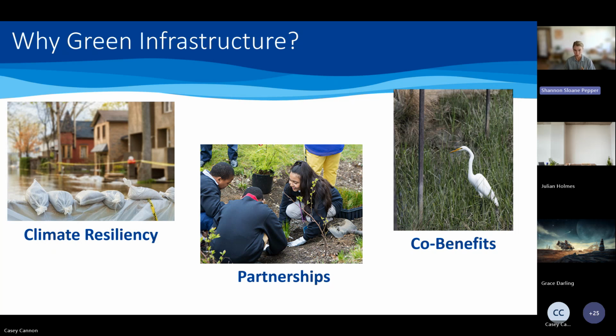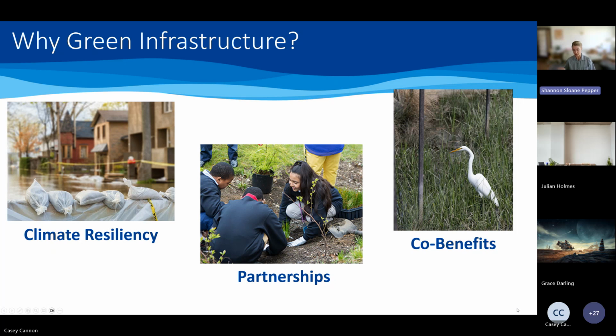A lot of our aging storm sewer infrastructure is not built to handle these volumes of water, and we're also losing a lot of that valuable fresh rainwater as runoff. Green infrastructure at all scales can capture, slow, and filter stormwater right where it falls, which reduces the burden on treatment plants and improves water quality by treating the water before it returns to the sources that we're using for drinking. Then there's also partnerships.